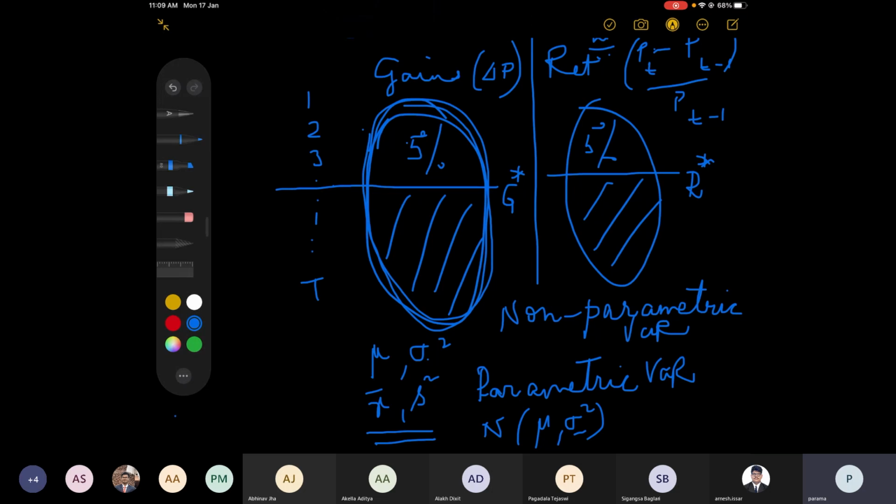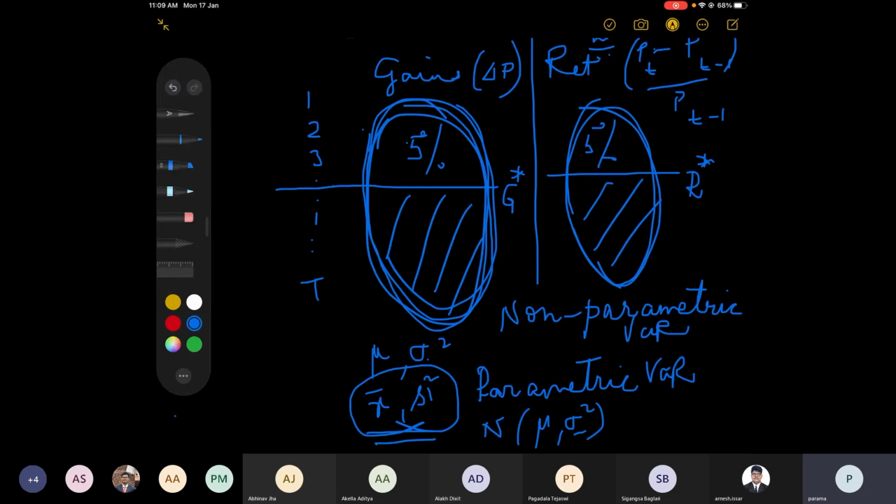So this is very much dependent on the data that you have taken. But still, you estimate these parameters looking at the entire data set, either the gains or the returns, whatever, but you estimate.